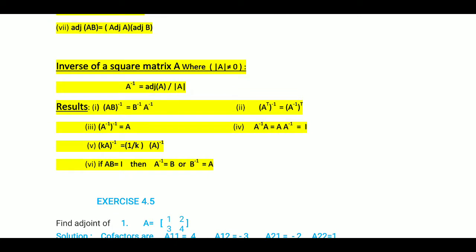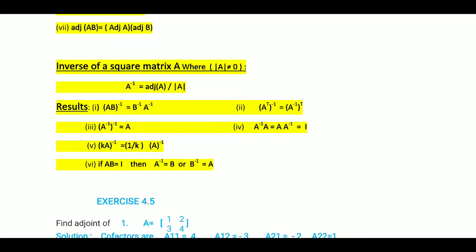Now some results are here. Inverse of A into B. The inverse of a product of two matrices is equal to B inverse into A inverse. Similarly, A transpose inverse. Suppose we first take the transpose and then find the inverse.